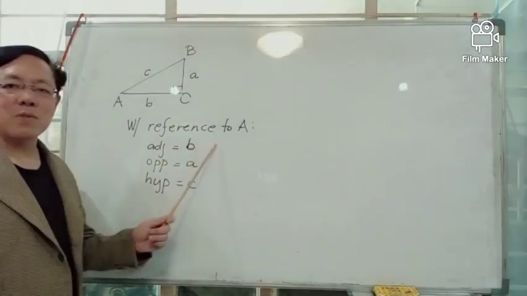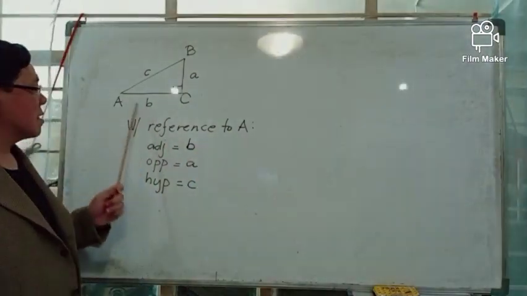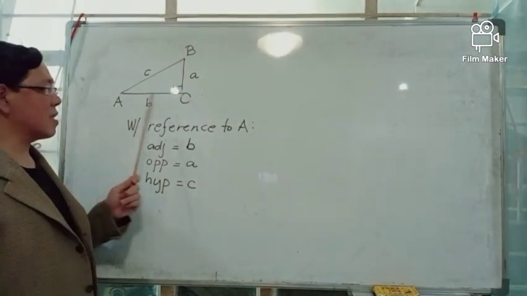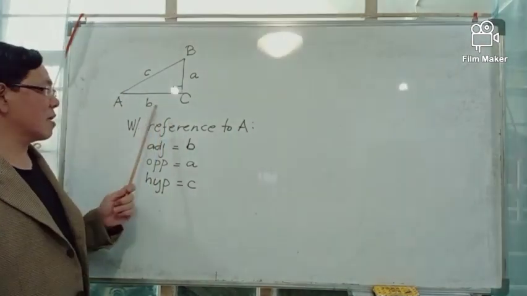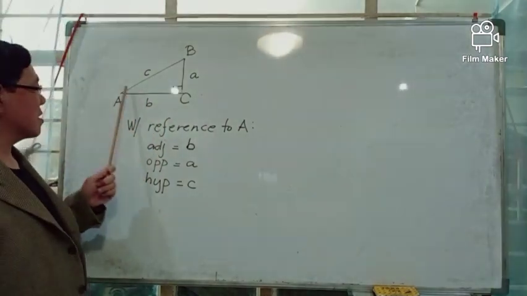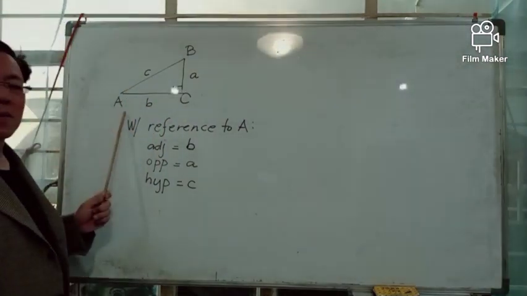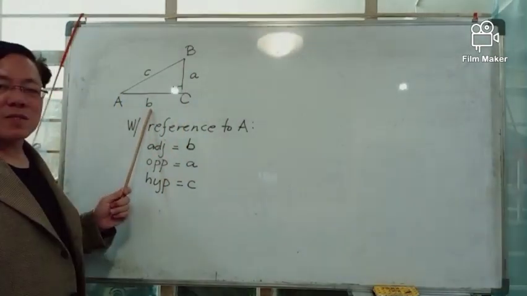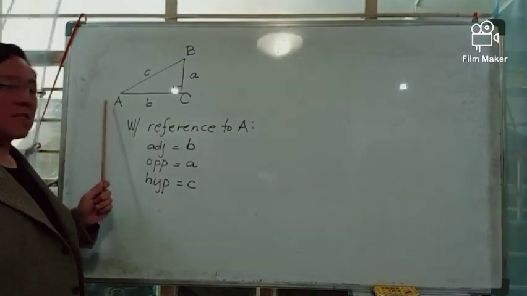Again, with reference to the acute angle A, the small b, the side through the vertices A and C, is called the adjacent side. It is the side that forms the acute angle A with the hypotenuse.